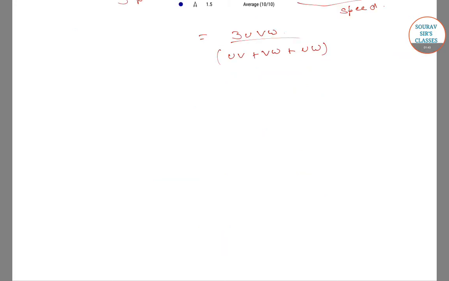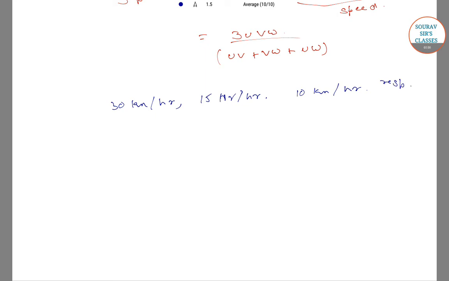That is, suppose a person covers an equal distance at a speed of 30 km per hour, 15 km per hour and 10 km per hour respectively.